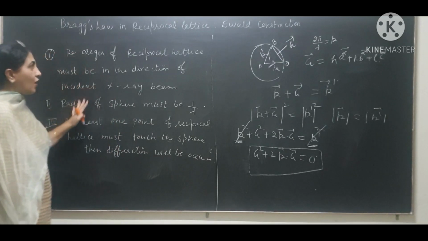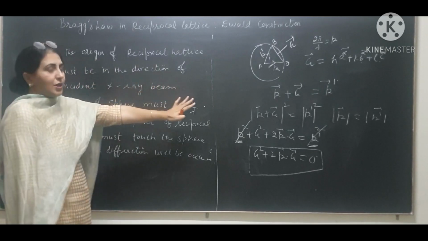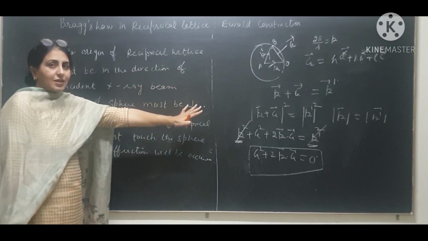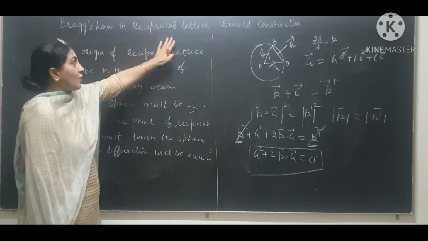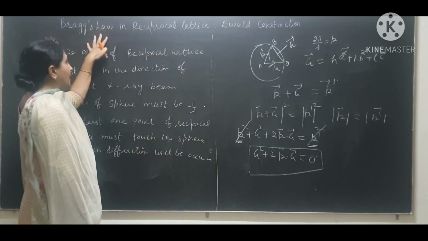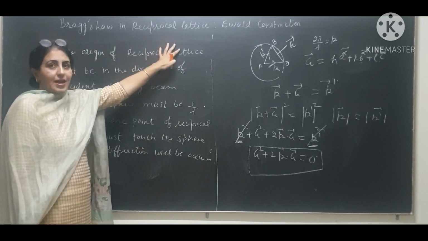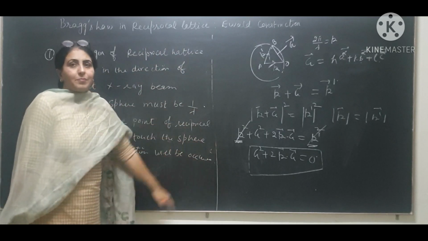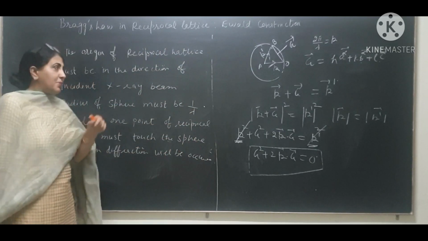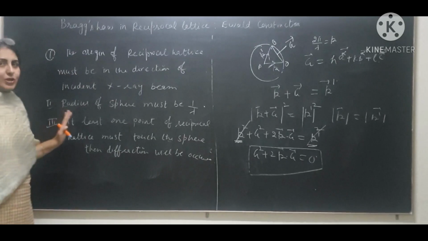This sphere is called the Ewald sphere, which always comes in the exam. This is also called Ewald construction, Bragg's law in reciprocal lattice, and the vector form of Bragg's law. Thank you very much. These 3 points are very important. Thank you.